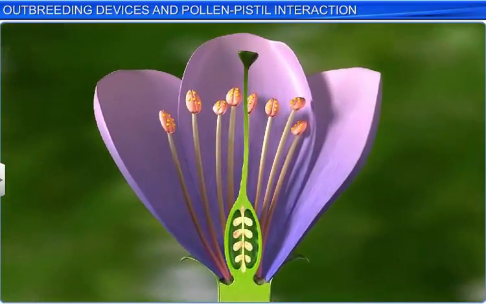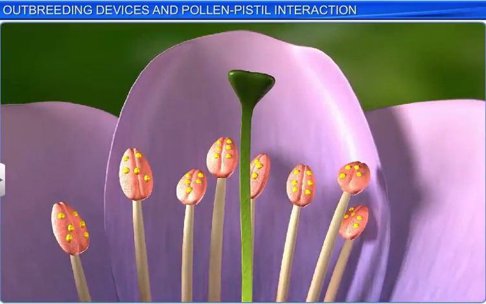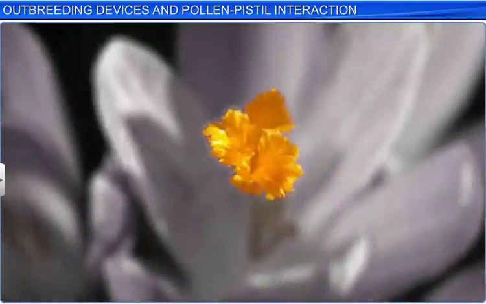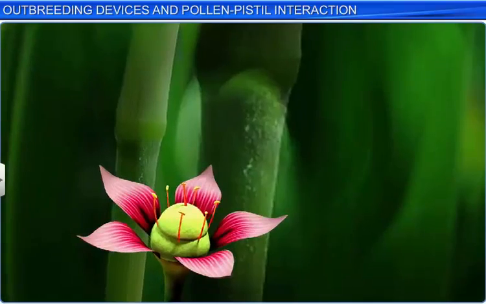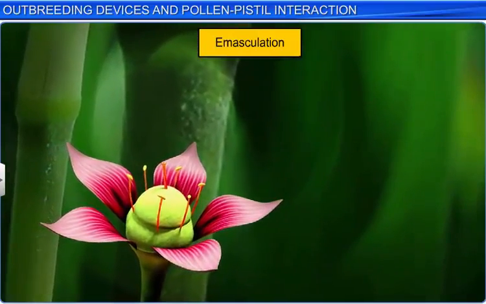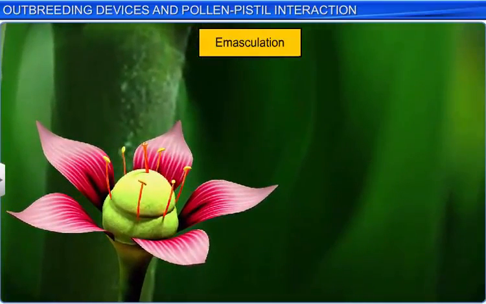For instance, breeders know that for successful crossing, it is necessary to protect the stigma from unwanted pollen and expose it to the desired pollen. This is achieved through emasculation and bagging, two techniques developed for artificial hybridization. In emasculation, which is carried out in female plant-bearing bisexual flowers, a pair of forceps is used to remove the anther before it dehisces.